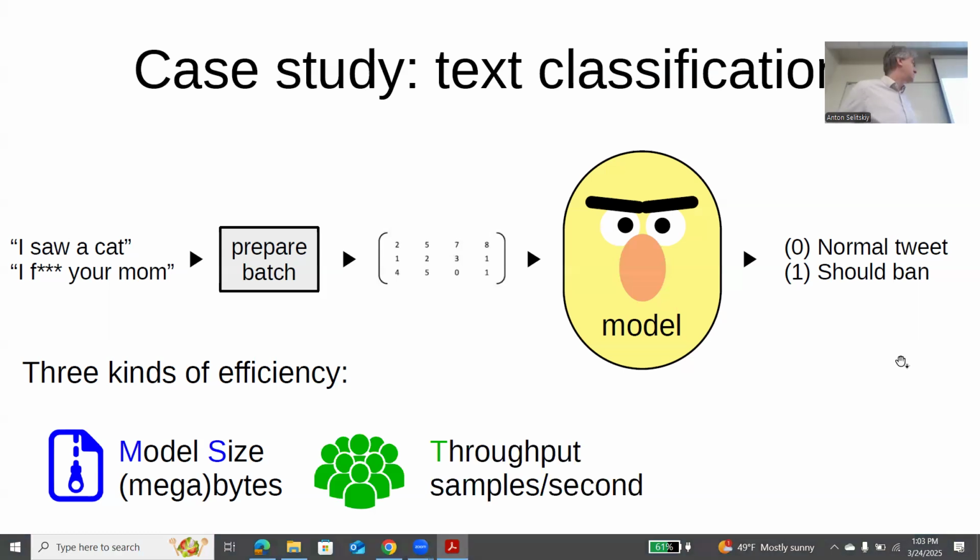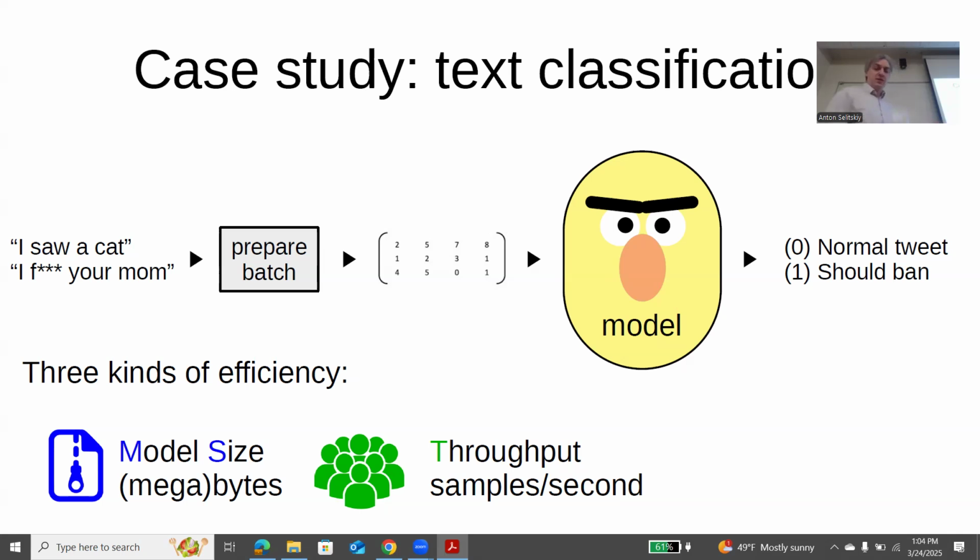The second parameter that we should care about is the time of running of our model, which is called throughput. Sometimes, like in self-driving cars, we want to detect the pedestrians and we want this model to work online in real time.